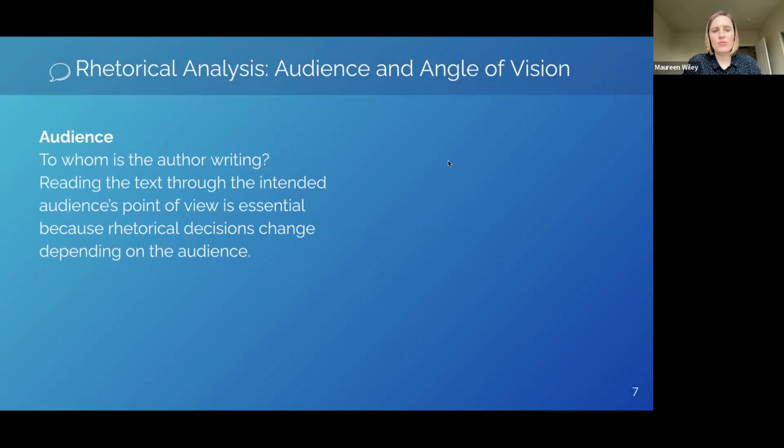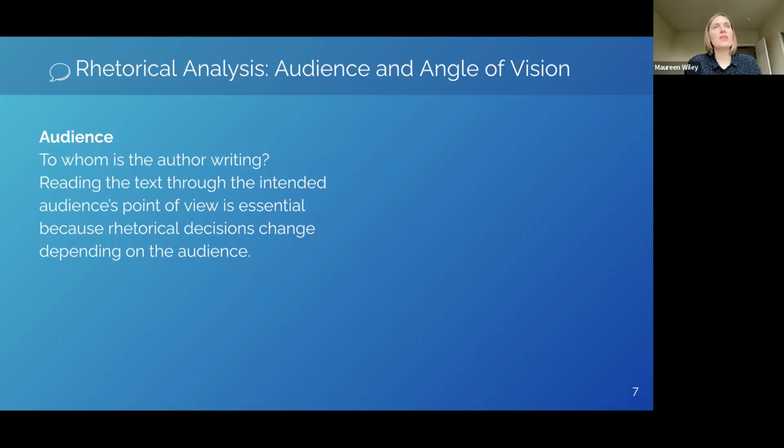Reading through the text through the intended audience's point of view is essential because rhetorical decisions change depending on the audience. So, if an article is being written for the New York Times about something political, then it might have a pretty broad audience.